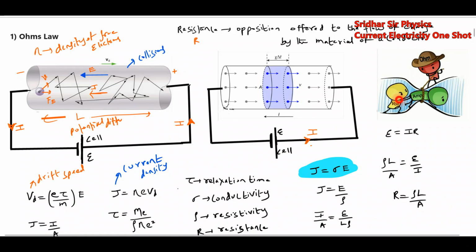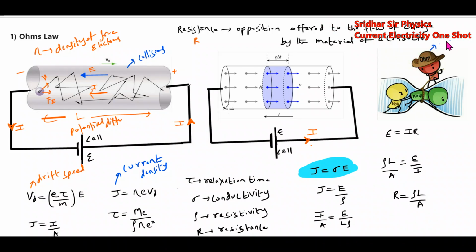The potential difference makes the charge pass through it, whereas the resistance works like a loop, a noose, whose diameter we can control. Based on that, the current will experience some sort of opposition due to this resistance. So this particular thing we'll write here.